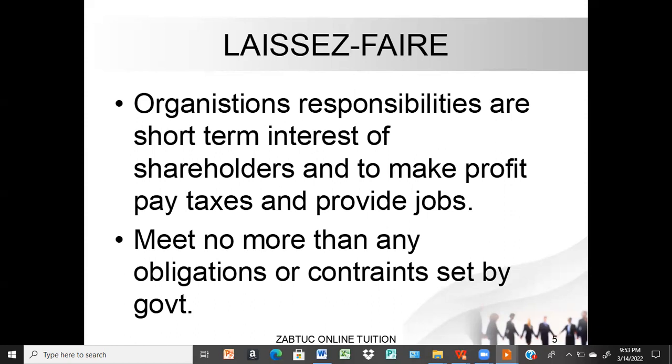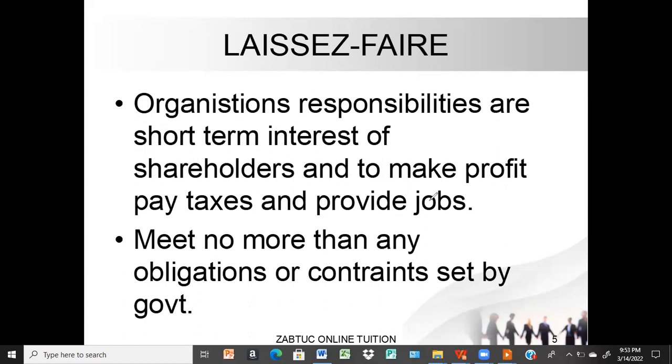Organization responsibilities are short-term interests of shareholders and to make profit, pay taxes, and provide jobs. So you can take a laissez-faire attitude where we say that, look, we don't want to go into what is not our area.